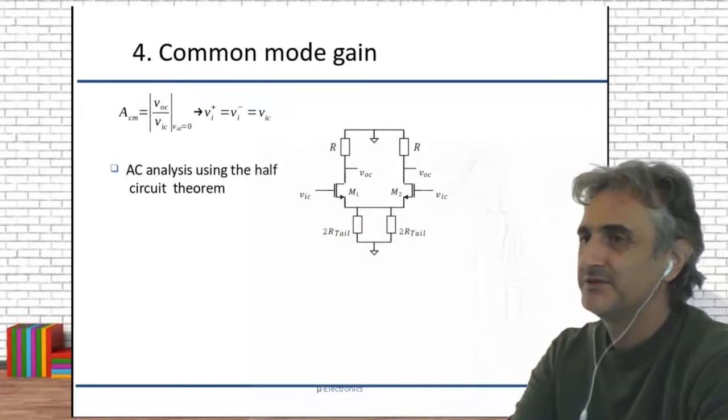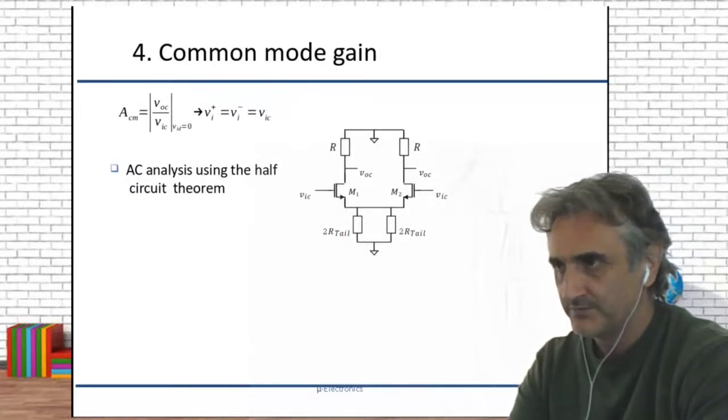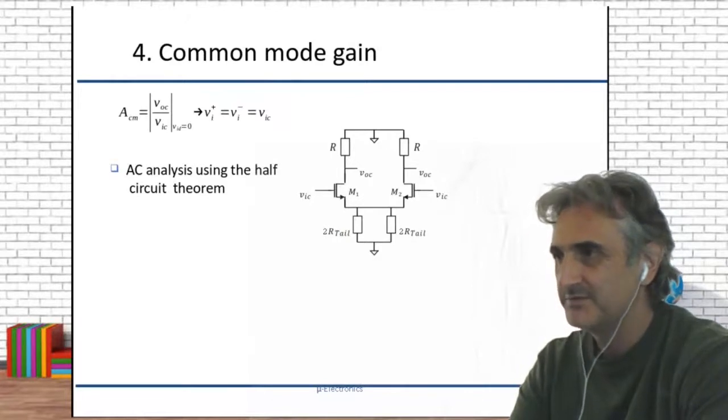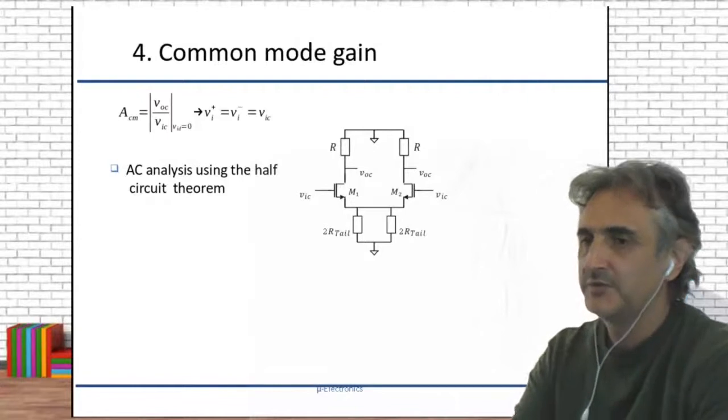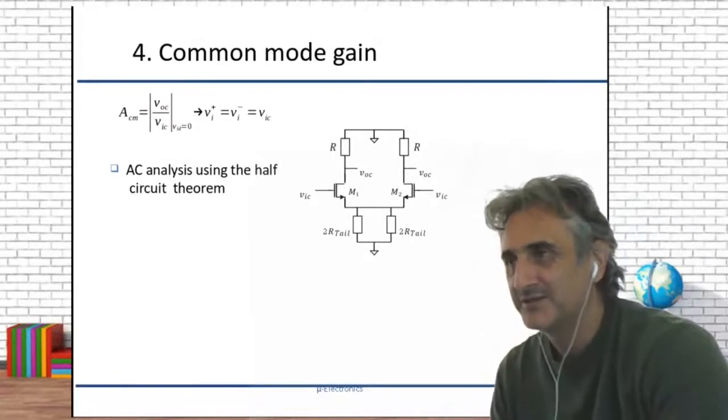And then the other thing we want to calculate is the gain in the common mode. This is something that can be calculated also. How do we do that? To do that, we do a clever trick.